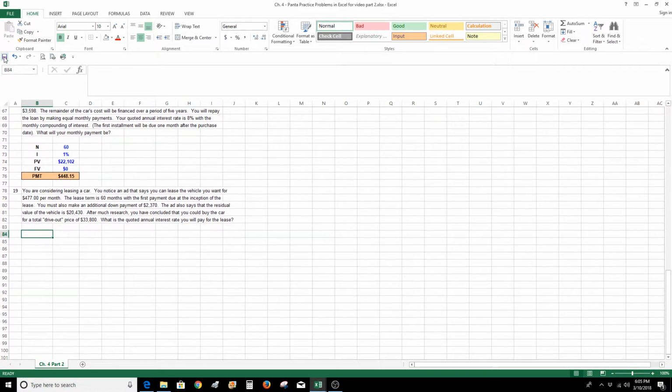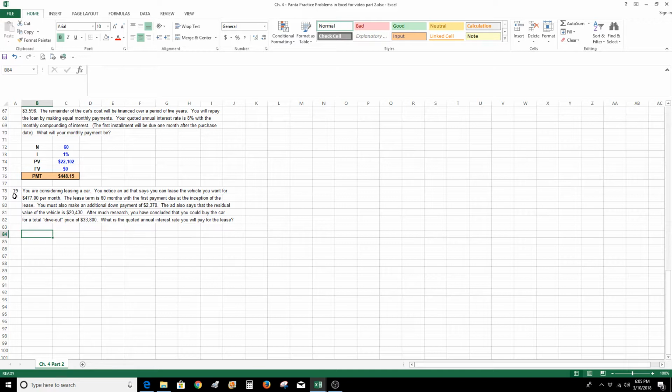Okay, next problem. You are considering leasing a car. You notice an ad that says you can lease the vehicle you want for $477 per month. The lease term is 60 months with the first payment due at the inception of the lease. So that's telling me that this is an annuity due because it's due at the beginning of the period.